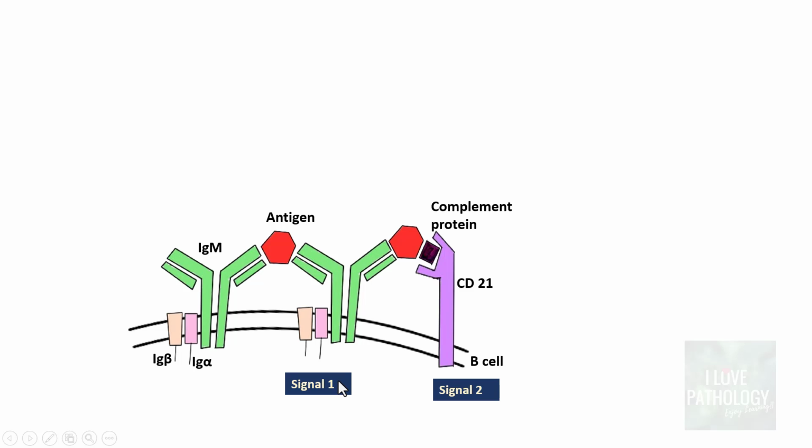Of course, only the first signal is enough for B cell activation and response. If there is a second signal, it's all the more good. Signal 2 may not be needed, but if you generate lots and lots of complement proteins, these complement proteins bind to the antigen and thus augment B cell activation and thereby B cell response.